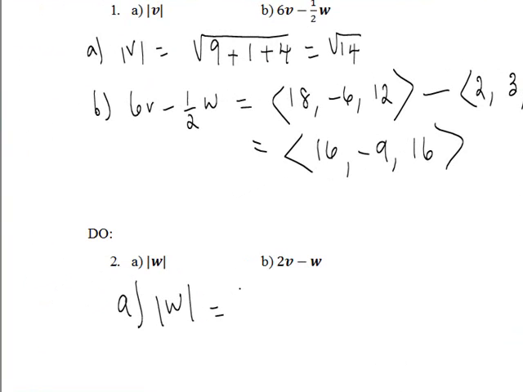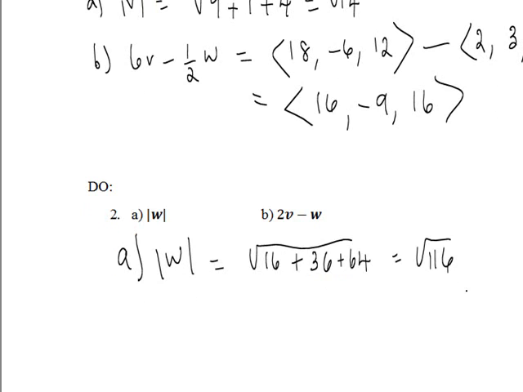One person. Yes, give me the work, please. Very good. And that is square root of 116. Beautiful. Can somebody else give me the work for B, 2V minus W?